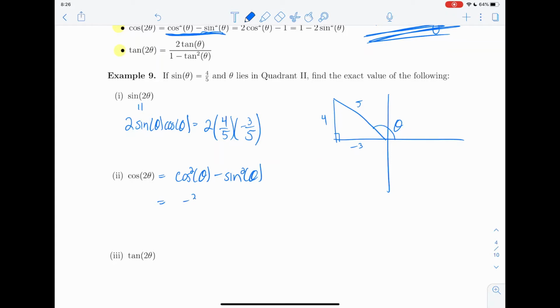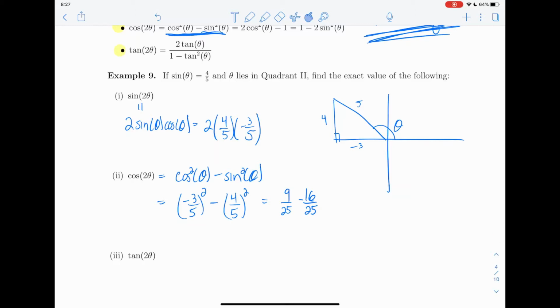The cosine was -3/5, now it's squared, minus the sine, which was 4/5, now squared. And so this would turn into 9/25 minus 16/25. And you can simplify that as much as you'd like.